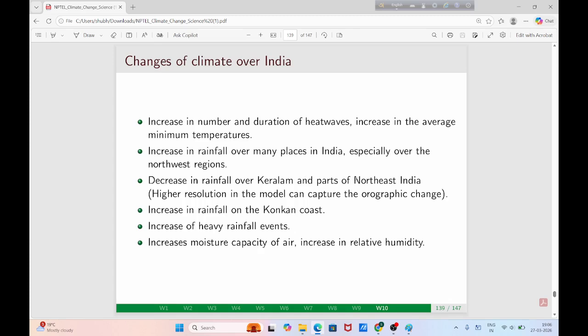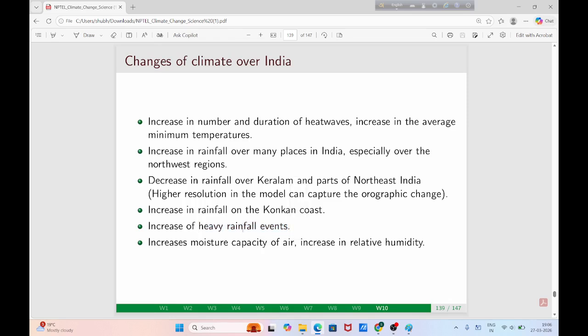In northwest India also the rainfall might decrease, and due to the shift of the westerly current, westerly jet, there might be an increase in rainfall on the Konkan coast, that is north of Kerala. And overall, there will be an increase of extreme rainfall events. So heavy rainfall events will occur in a short time span.